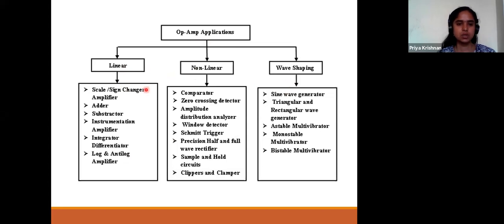Linear applications are obtained if you connect the op-amp in the closed loop configuration, that is with feedback. Non-linear applications are without feedback. Some more applications can be obtained by shaping your wave, such as astable and monostable, listed last.